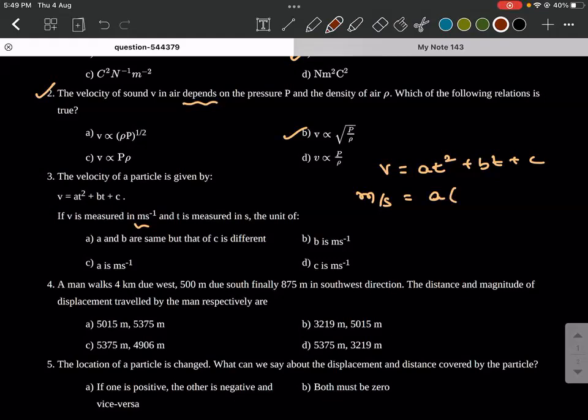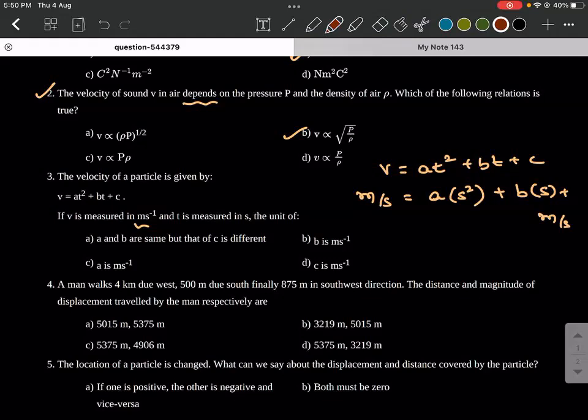What is the unit of time given? It's given there. So it should be A into second square plus B into second plus C. What should be the unit of C? It should be meter per second.